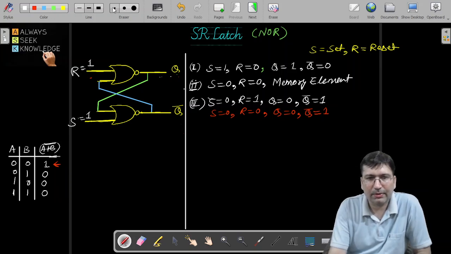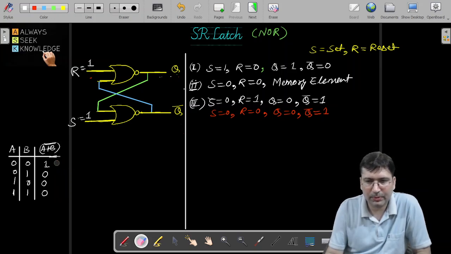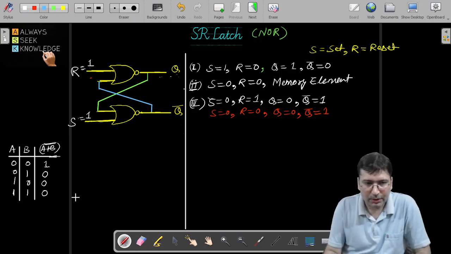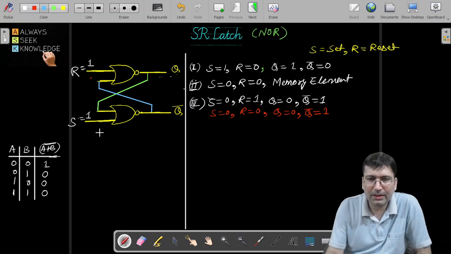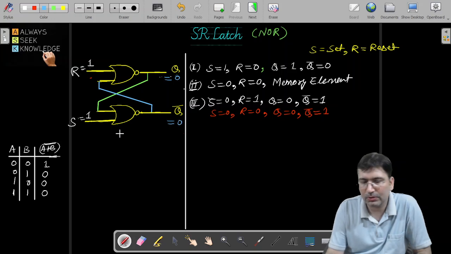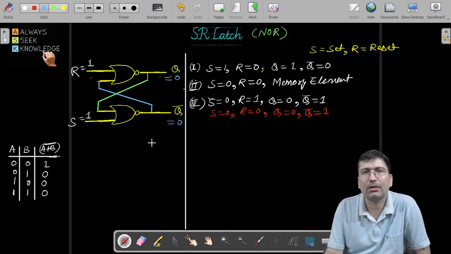So when we are having both pins as high, let's try to understand what will happen. So according to the truth table of NOR, when either of the inputs becomes high, the output will be low, 0. And similarly, this will also become 0.